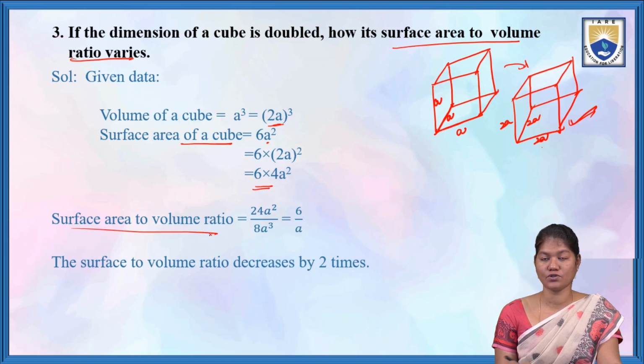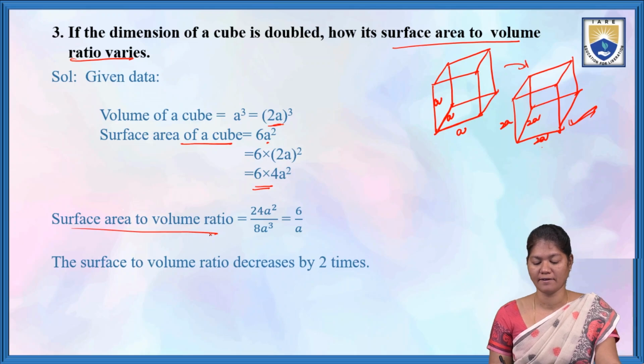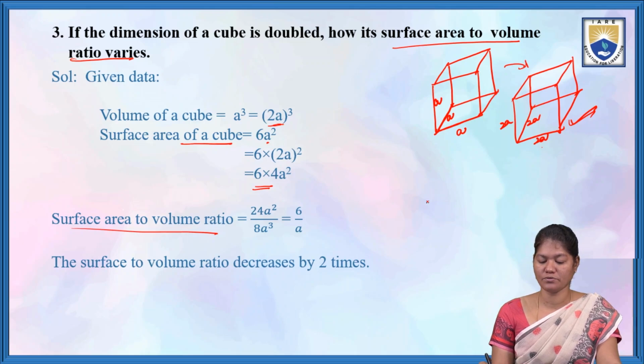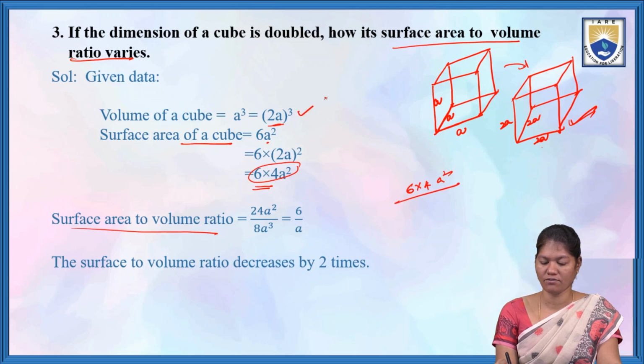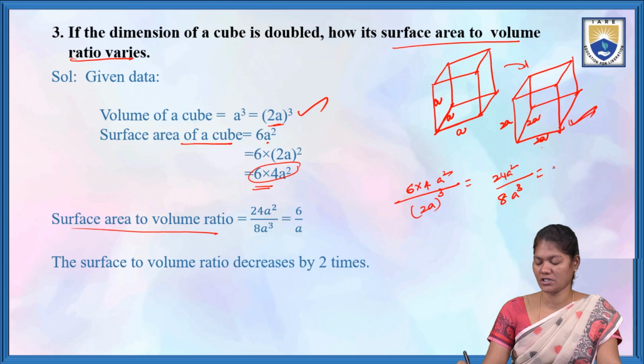The surface area to volume ratio is 6 into 4A square by the volume of the cube, A cube, that is 2A power 3. So it equals 24A square by 8A cube.